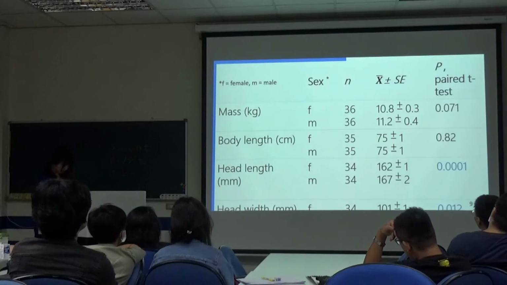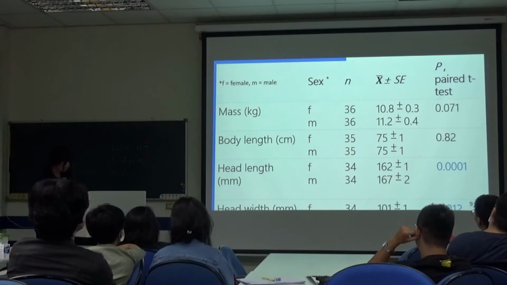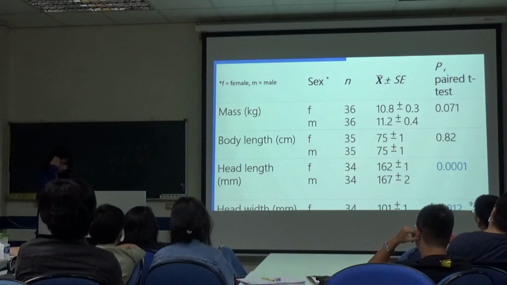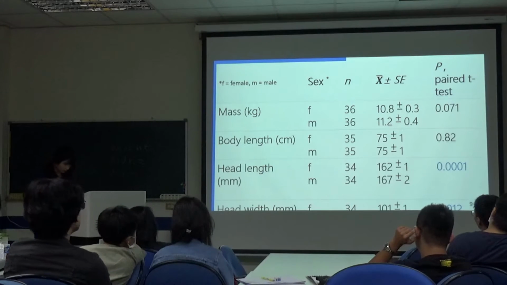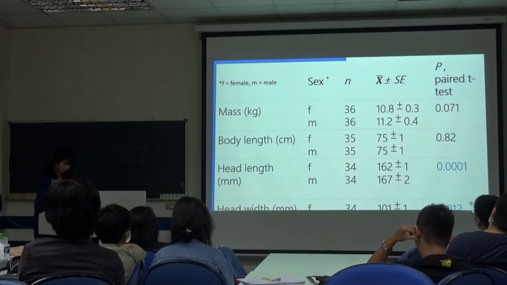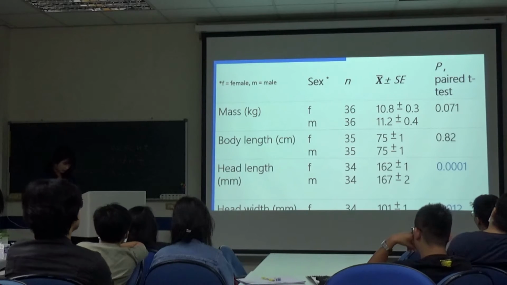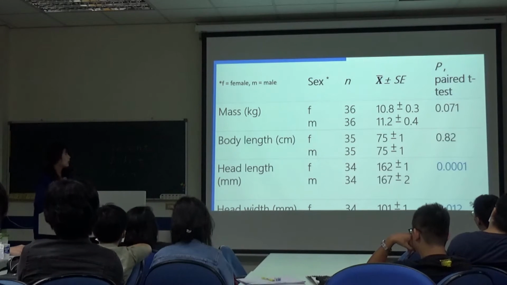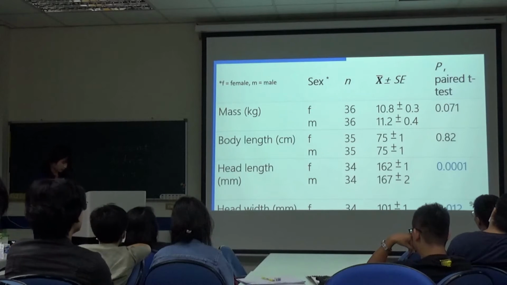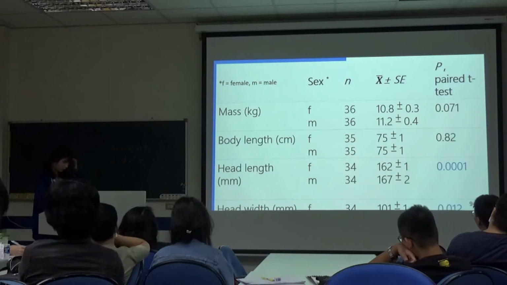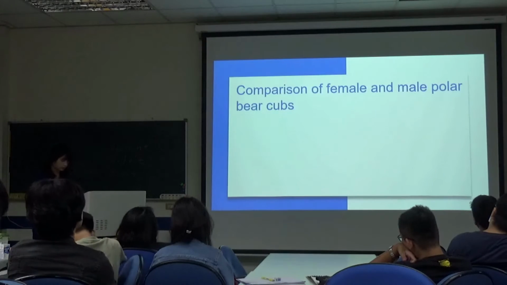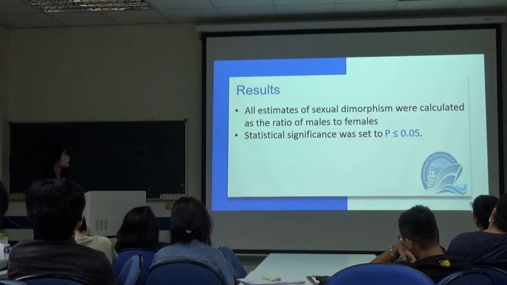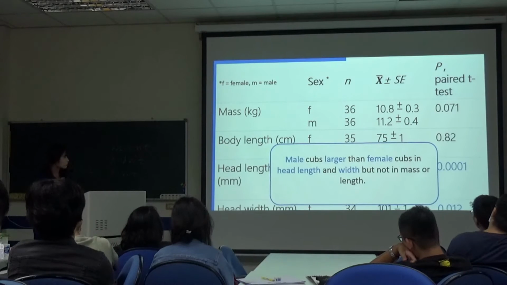Then this is the measurement result of female and male polar bear cubs. The N is the number of female and male polar bear cubs.